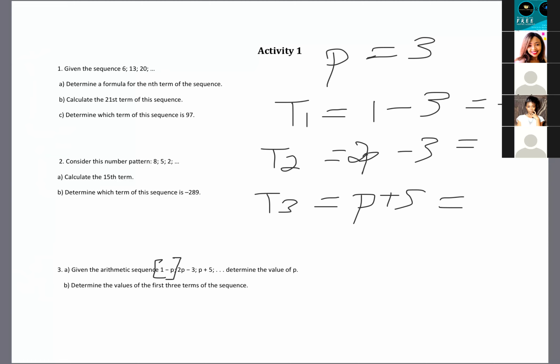My T2 is going to be 2 multiplied by 3, which is 6, minus 3, which is 3. And then I'm going to have 3 plus 5, which is 8. Does it make sense? Yes, ma'am. Okay, does anyone have any questions so far? Okay, I'm guessing that everyone is still okay.